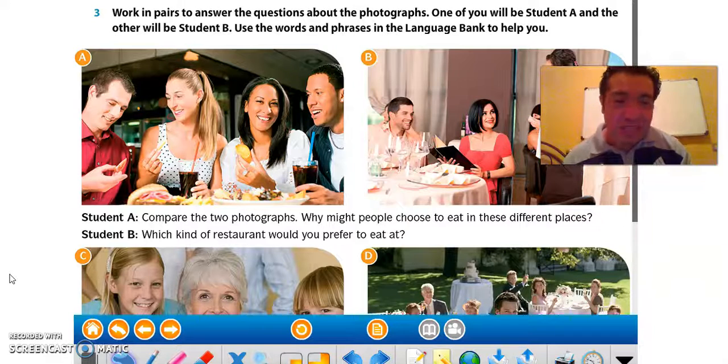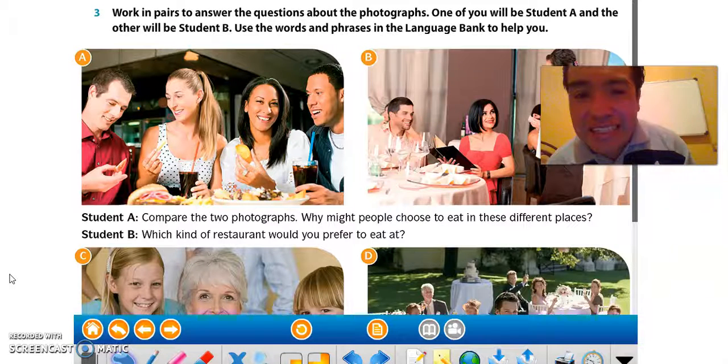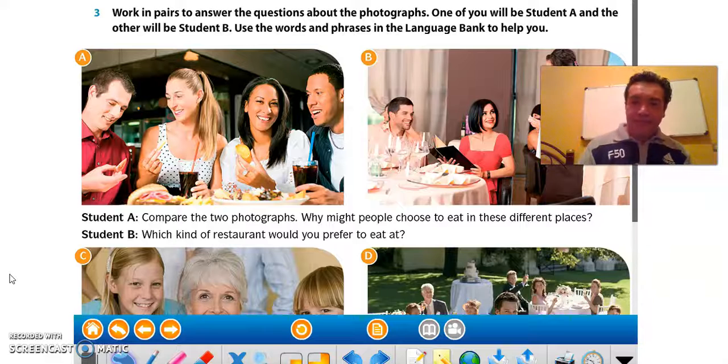But so they are having fun. They are friends and they are not celebrating a special occasion. They are just sharing time, hanging out with friends. Okay.